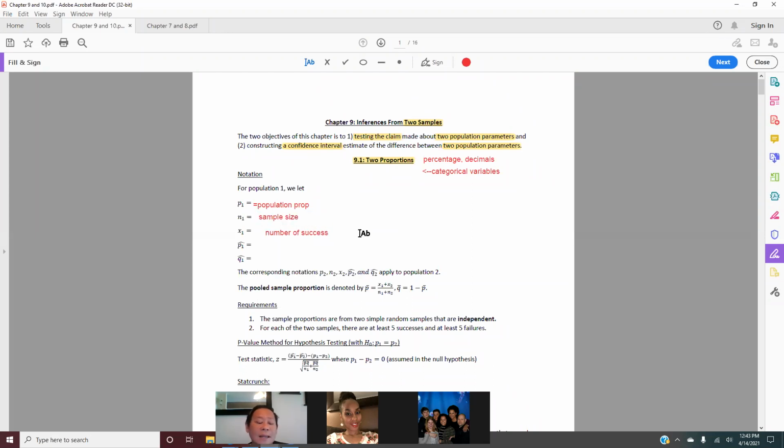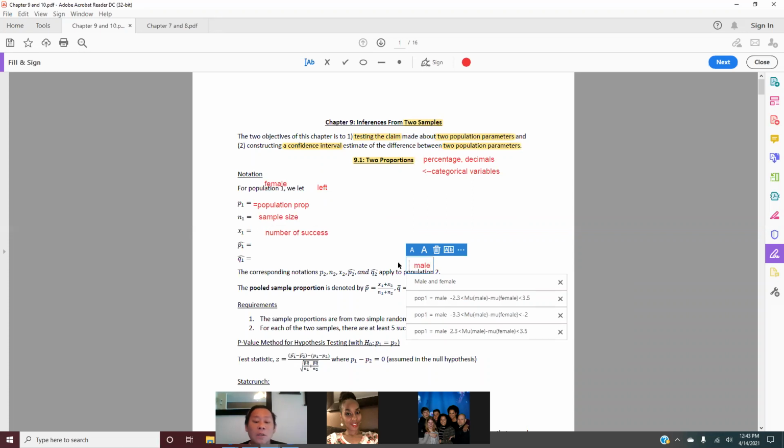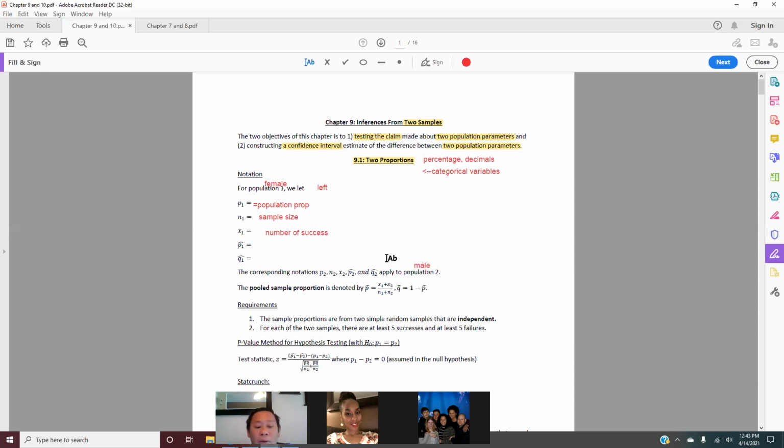Let's say an example in this class, I ask about left-handedness, and population 1 is female. That means I break you into two groups, and population 2 is male. So I figure out how many of you females are left-handed. Let's say I don't have time to count, you raise your hands, and I found out there are 5 girls in my class who are left-handed, and let's say there are 16 girls in my class.